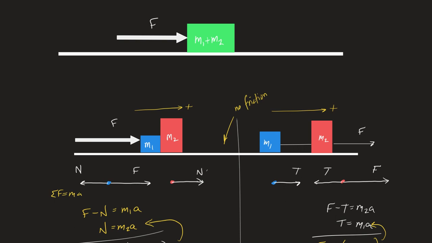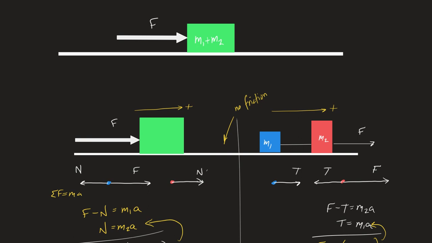The applied force doesn't know that there's two boxes there. The applied force doesn't know anything. The effectiveness of this force depends on the inertia of the system. If I didn't know there were a couple of boxes here, if I just knew that the system had a combined total mass of m1 plus m2, it'd be as if this was just one big box, right?